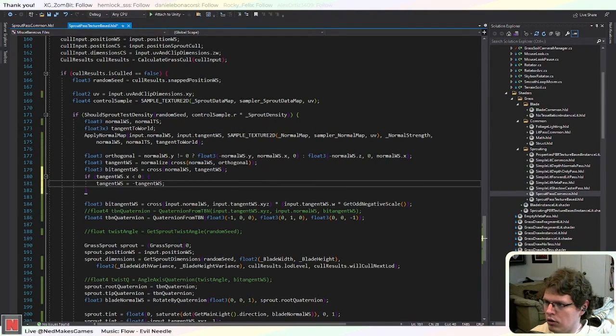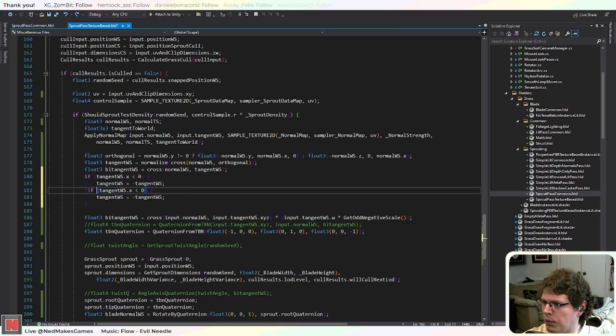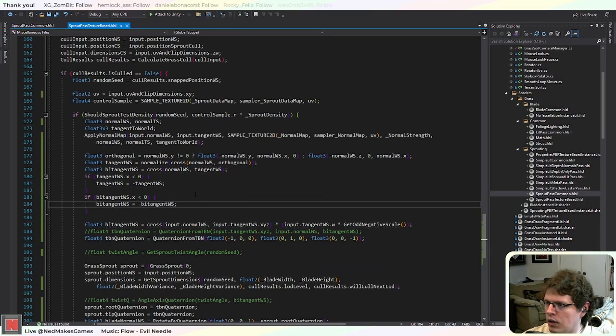Okay, yeah, so if the tangent is negative, then we'll flip it. Same with the bitangent. And then we can just assume that the normal is not.